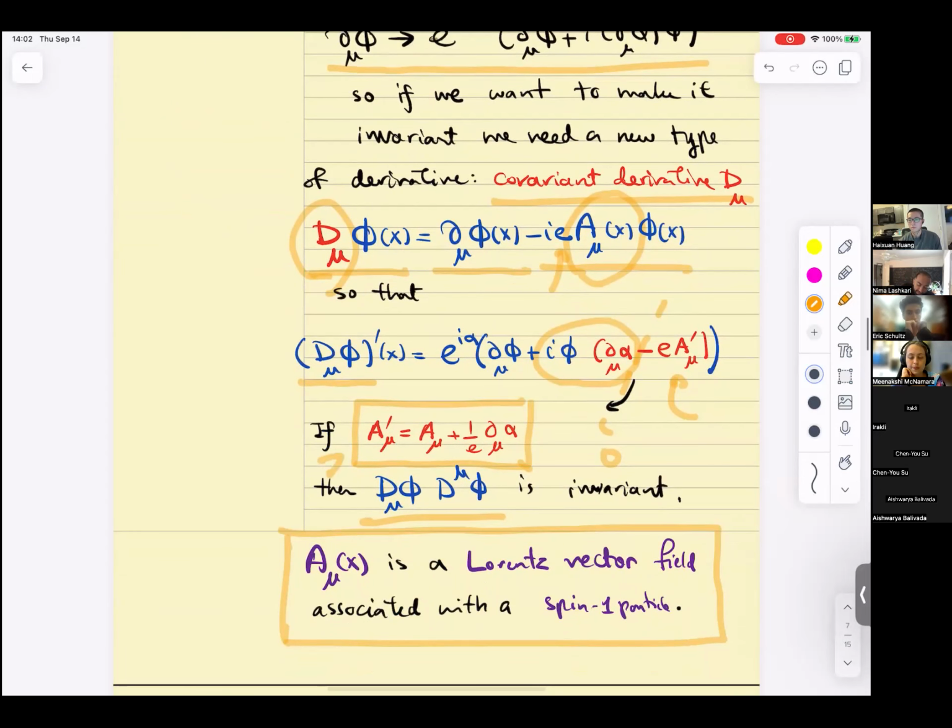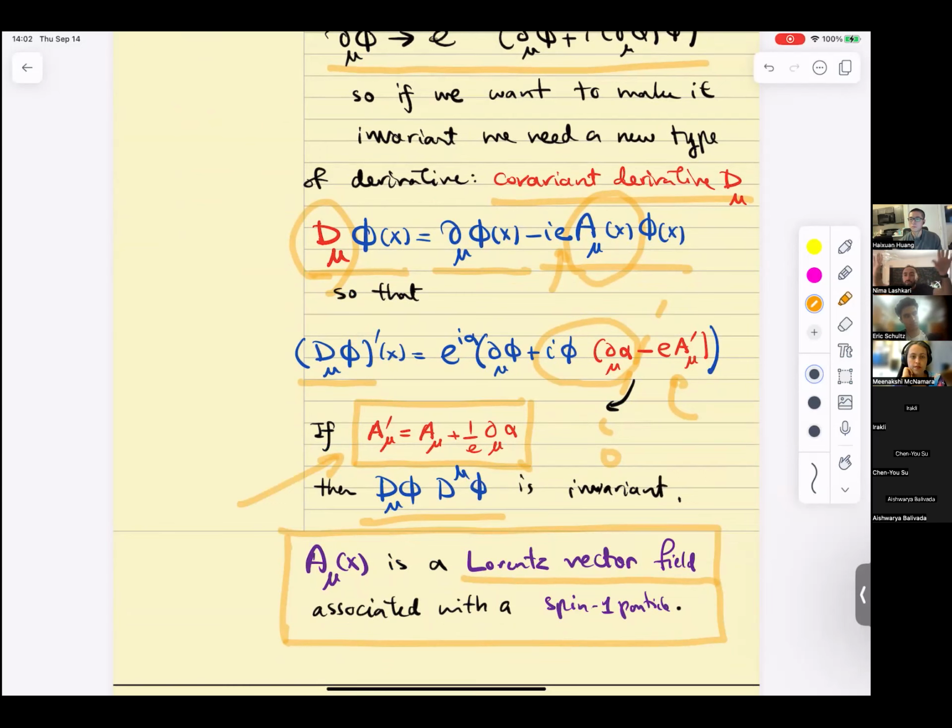Now you realize quickly that this transformation implies that A mu of x is a Lorentz vector field associated with a spin 1 particle. So if you go back to where we were discussing the transformation of the spin 1 particles, this is what you discovered. So it's important to zoom out for a second and see what we are doing. We started with a theory of pure charged particles, just a bunch of particles, right?